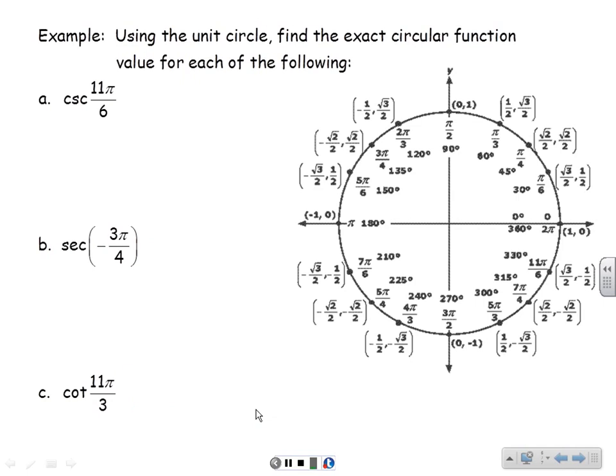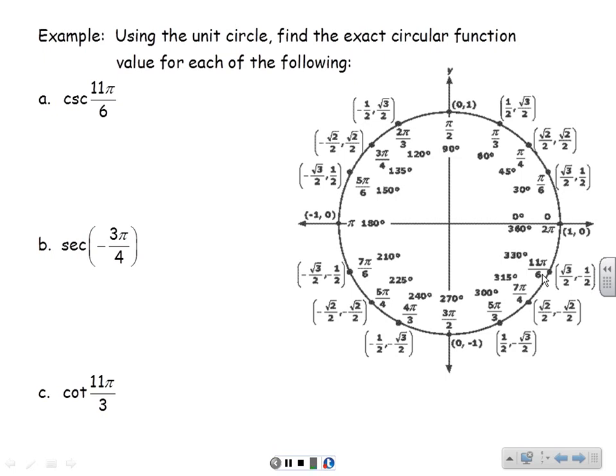Alright, so let's look at this one. This deals with our reciprocal functions. The concept's still the same. So let's look at 11 pi over 6. It's positive rotation, so if we do 11 pi over 6, we're going to go all the way to here. So that's 330 degrees. Remember, cosecant is the reciprocal of sine.